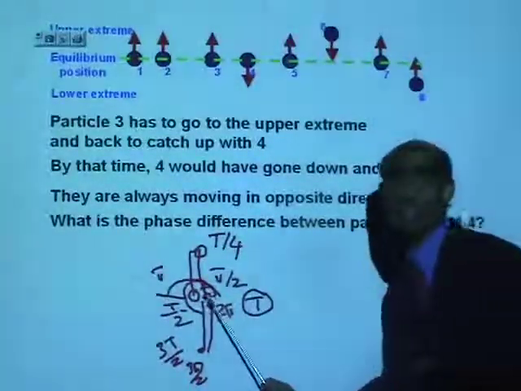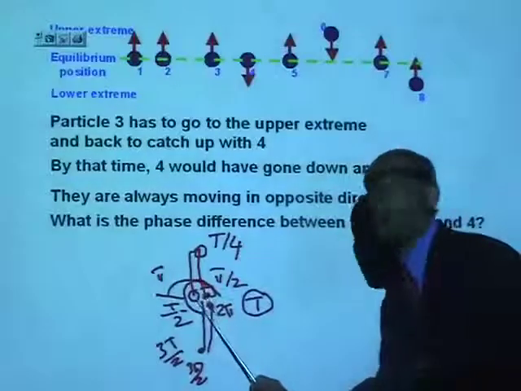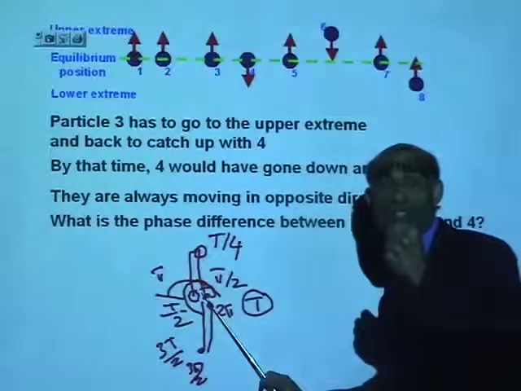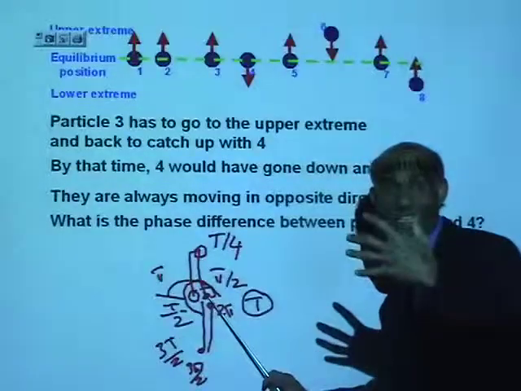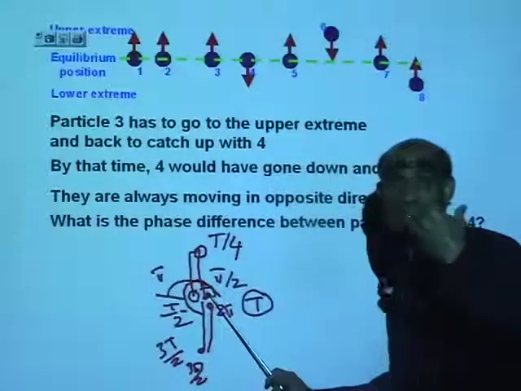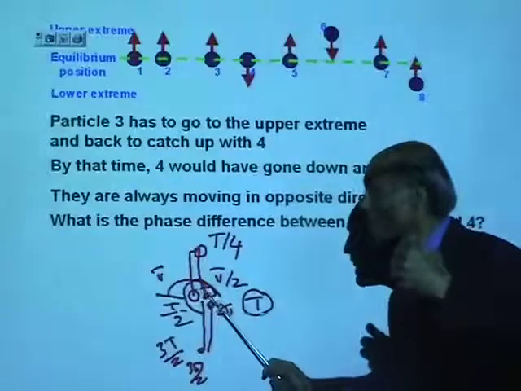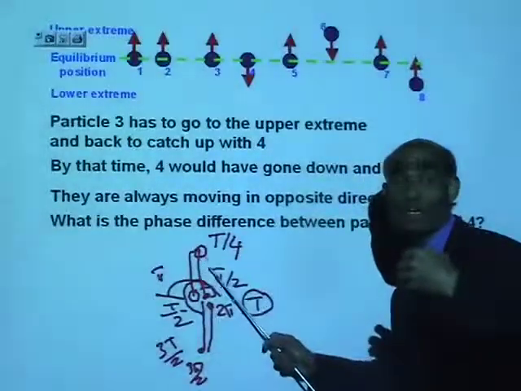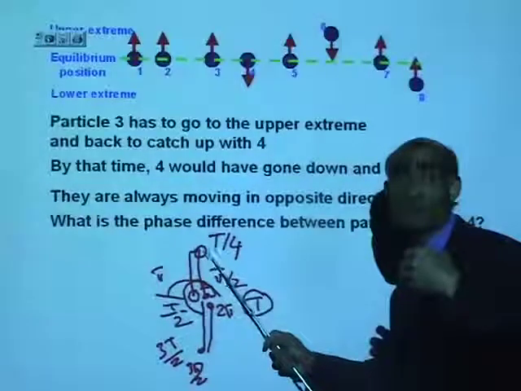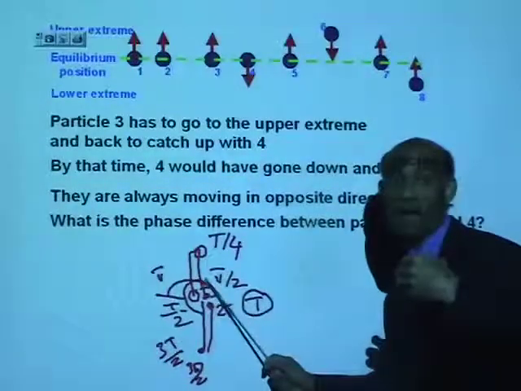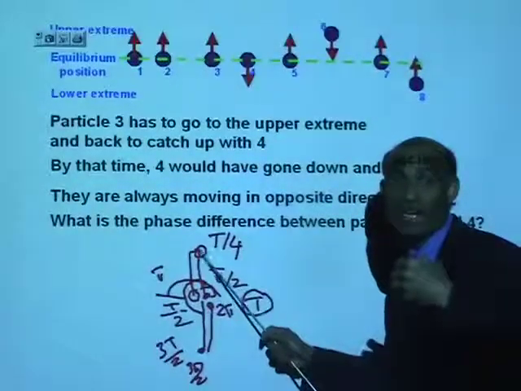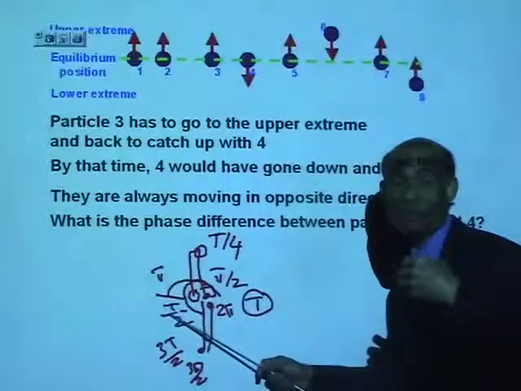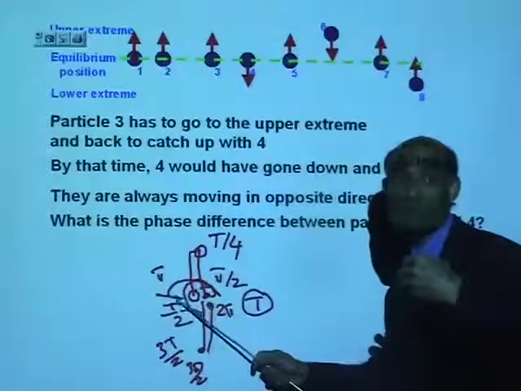Now let me try it once again. If the particle is at the equilibrium, we say the angle is 0 and the time t is 0, because it hasn't started. In a quarter of a period, it reaches the upper extreme. Then the phase angle is pi by 2. In half of the period, the phase angle becomes pi.